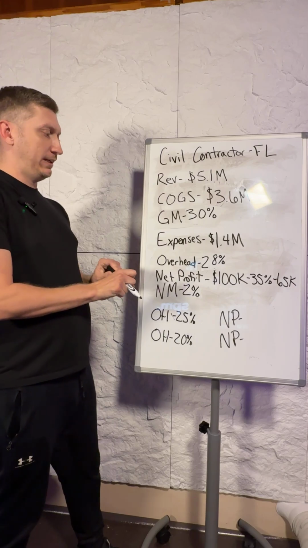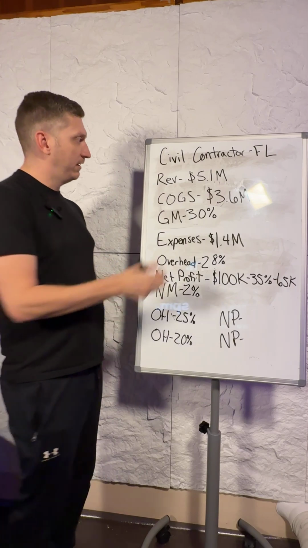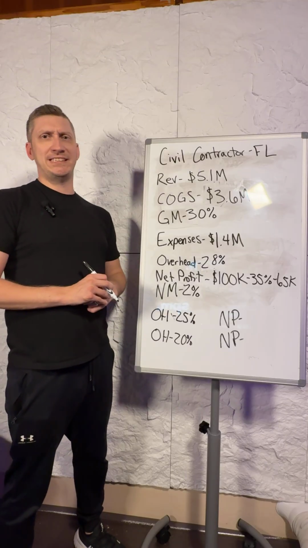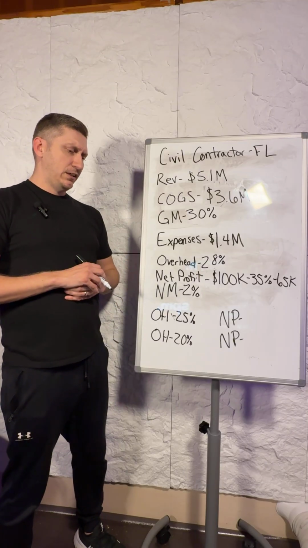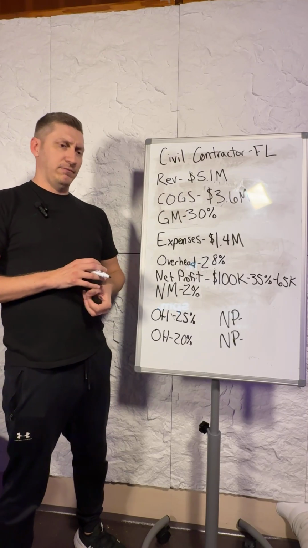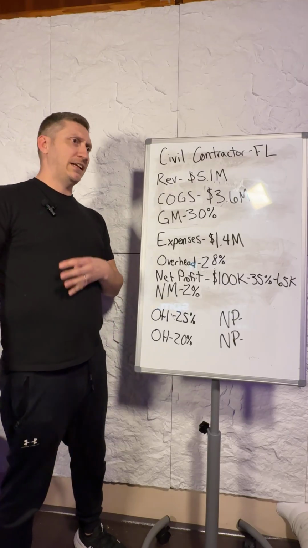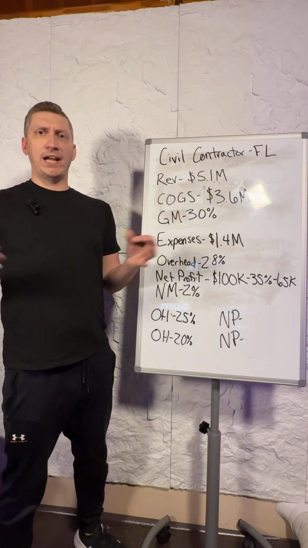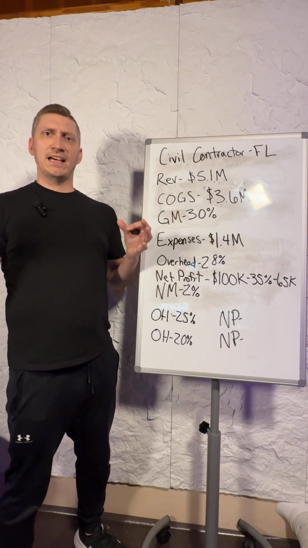So if you really think about this, doing $5.1 million, you have 20 people on your team calling out sick. You have equipment that's breaking down. You have vendors calling you saying, hey, you owe me for pipe or concrete or whatever for the last 90 days. How come you're not getting this?